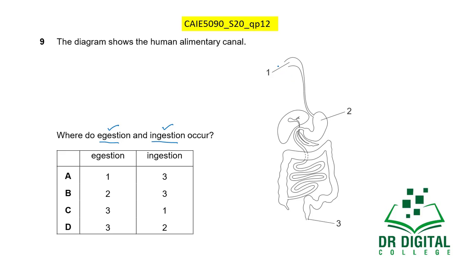So ingestion occurs at the mouth, and egestion will occur at the anus. So egestion will be at point 3, that is correct. A and B both are wrong. Ingestion will occur at point 1. So C is the correct answer. D is the wrong answer.